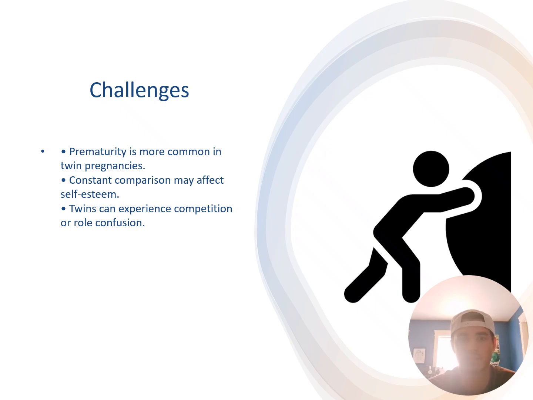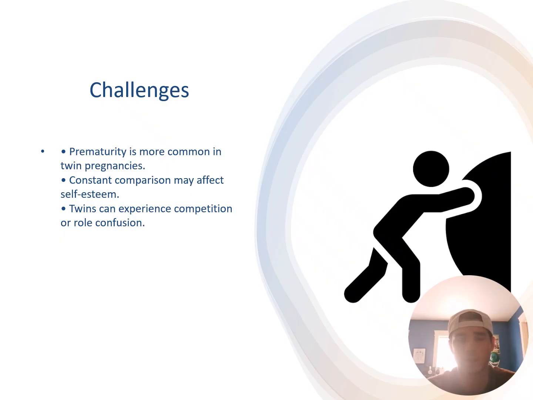Another challenge that twins face is constant comparison. They're often compared academically, socially, athletically, and physically, and although these comparisons might seem harmless, or might seem like they give them a unique life, they can actually cause a lot of self-esteem issues or create unnecessary competition between the two.